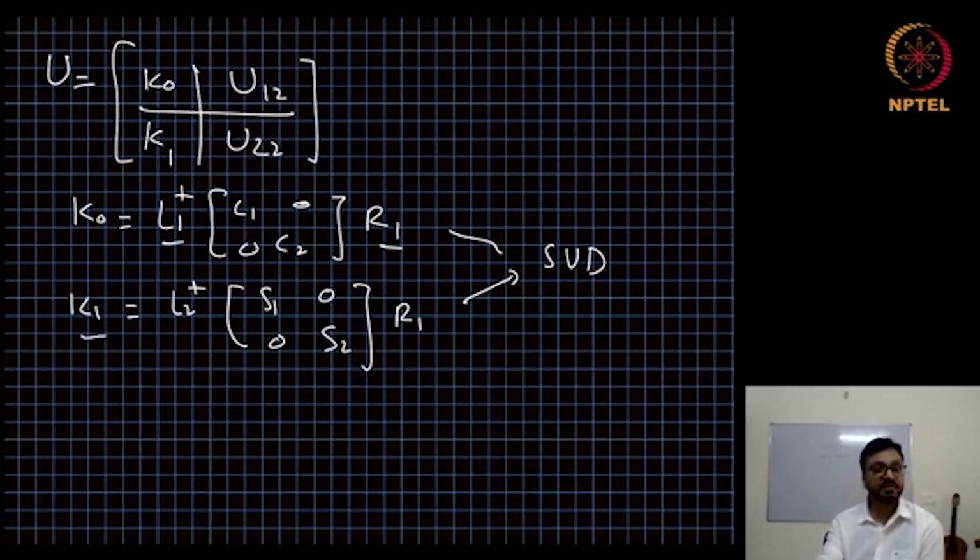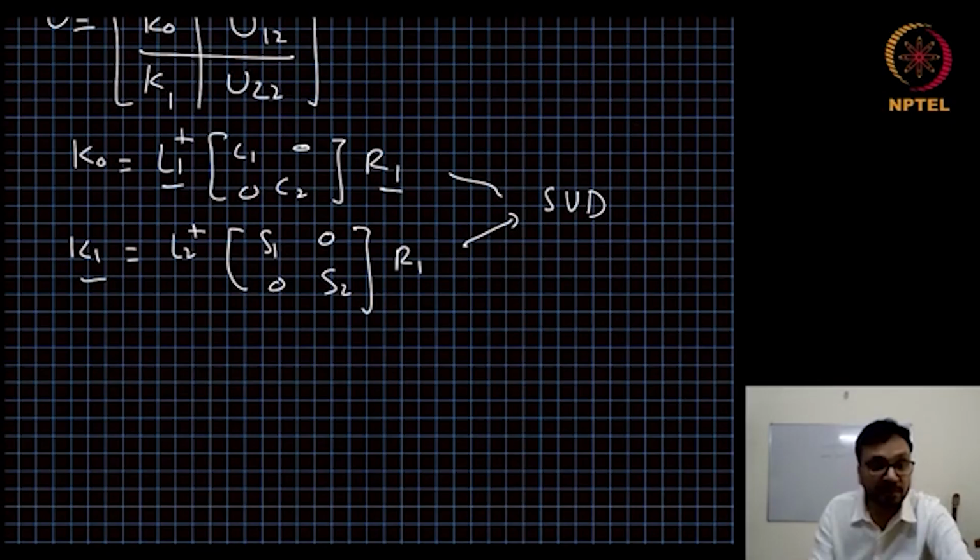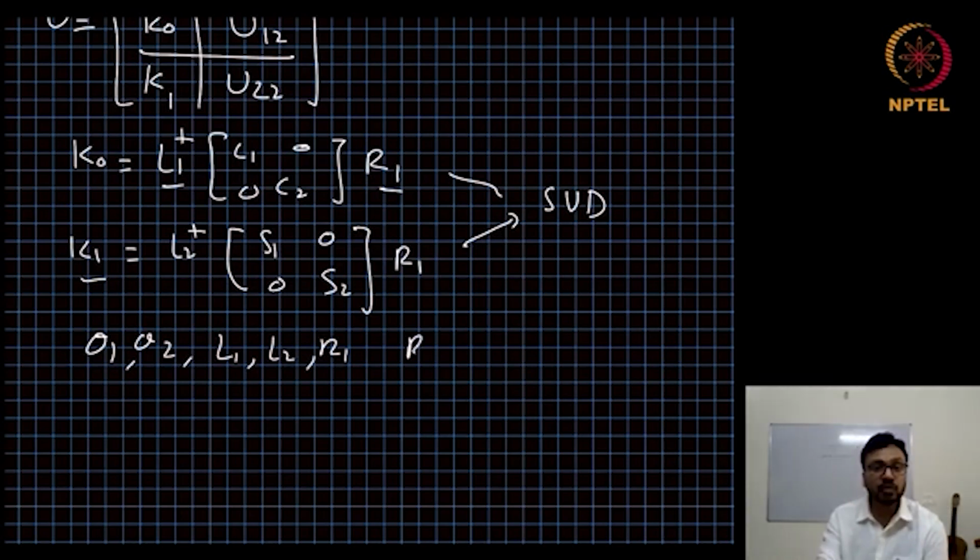Similarly, for K1, we can find L2, R2, and S1, S2. From here, we have information about theta 1, theta 2, L1, L2, and R1, R2 is unknown. For simplicity, we can choose R1, R2 to be anything, and we can choose it to be identity also. Identity is a valid unitary matrix.